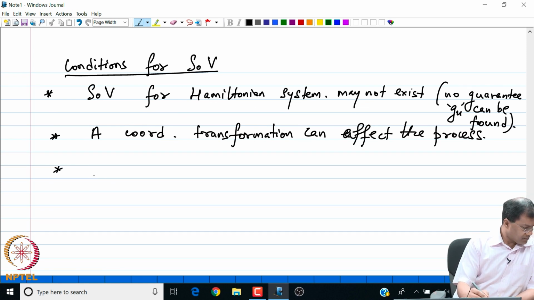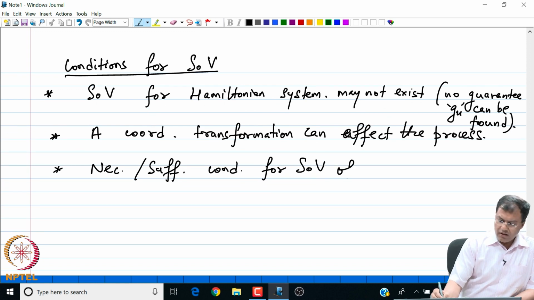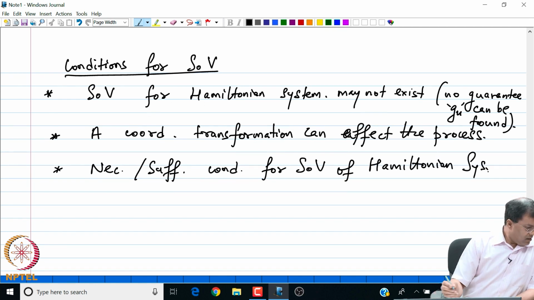Also, it turns out that there are necessary and sufficient conditions for separation of variables of a Hamiltonian system, and there are three results that I am going to state for different coordinate systems.